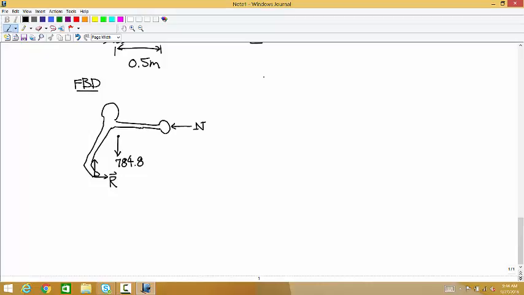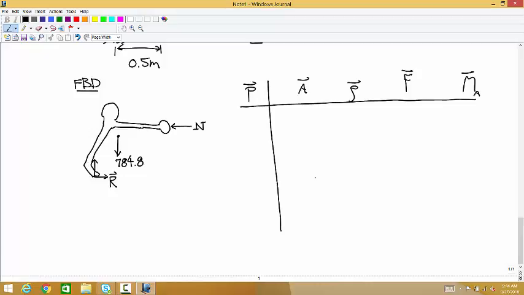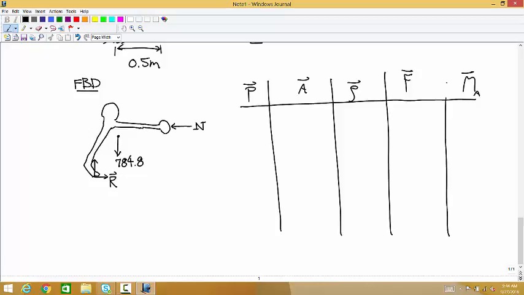And I'm going to set up the full table. Let's put the origin down here at the feet.